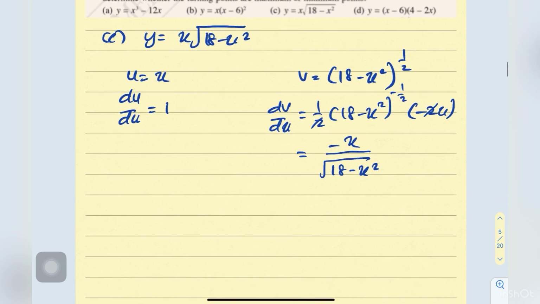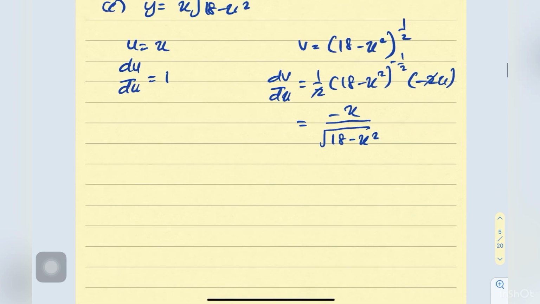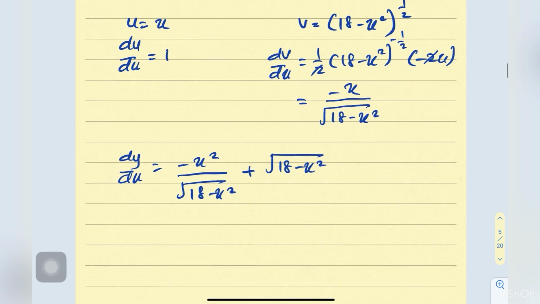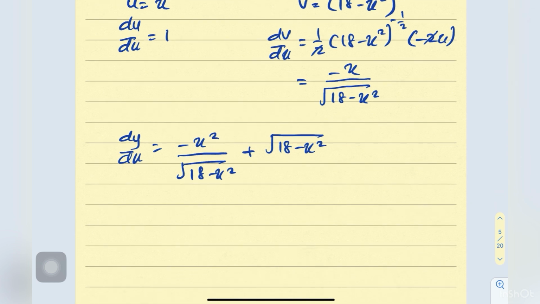Now find dy/dx. dy/dx is u dv/dx plus v du/dx, so negative x squared over the square root of 18 minus x squared, plus the square root of 18 minus x squared. To simplify this, you equate the denominator: square root of 18 minus x squared times square root of 18 minus x squared.